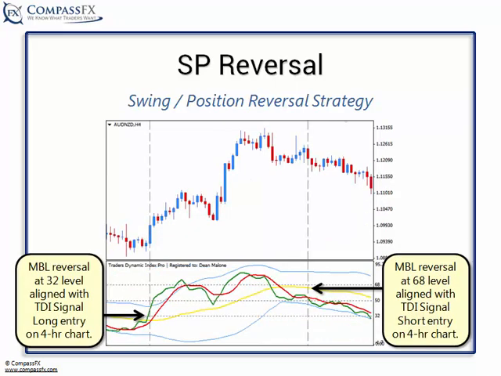In this example, we're looking at a 4-hour chart with both a buy entry and a sell entry for the SP reversal. To the left here, you can see that the green line is over the red line, over the yellow line. You have a nice little move up in price. It'd be a good entry. The only caveat to this one is the fact that we did not wait for the yellow line to cross above the 32 level.